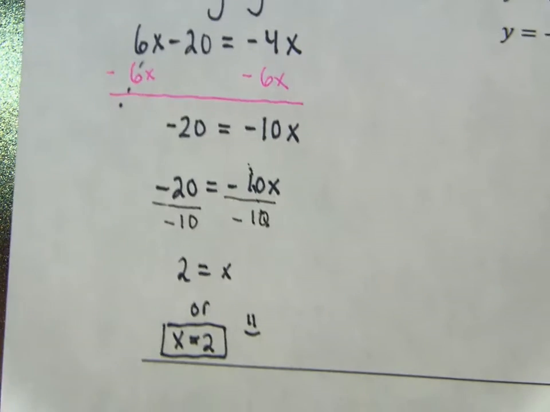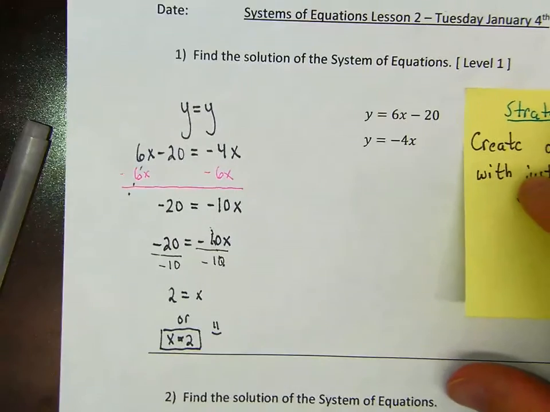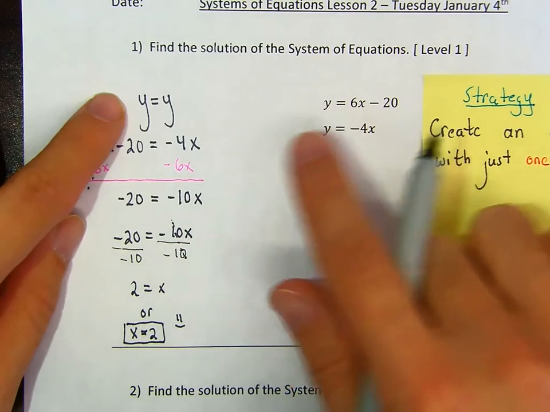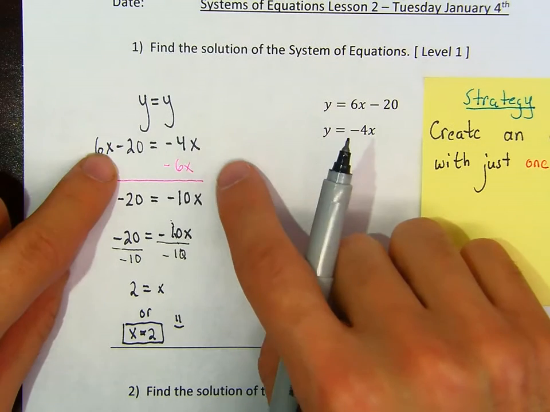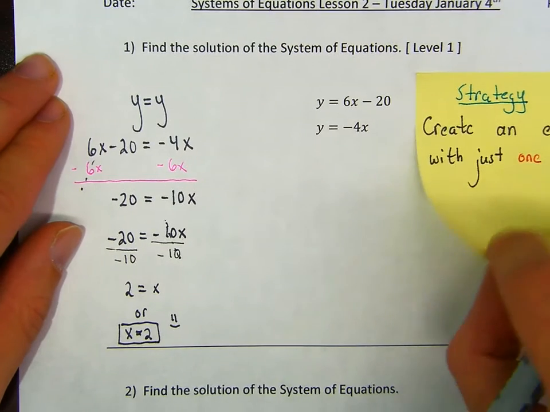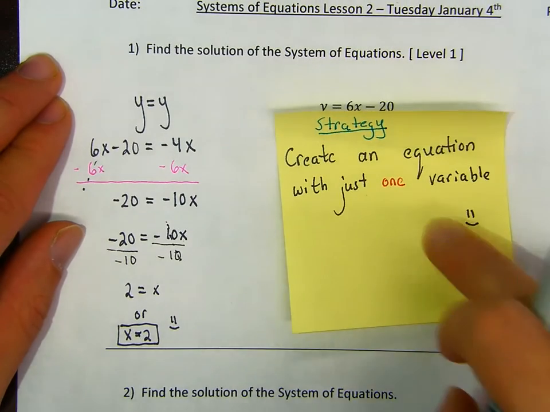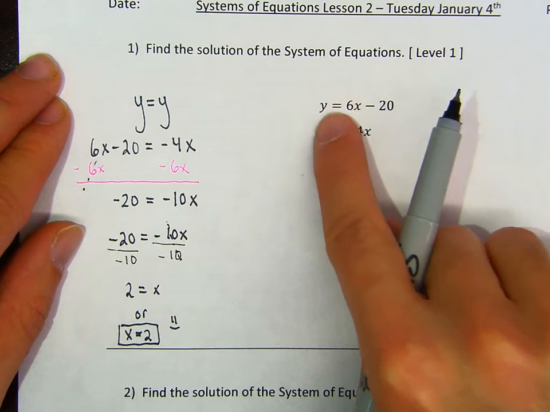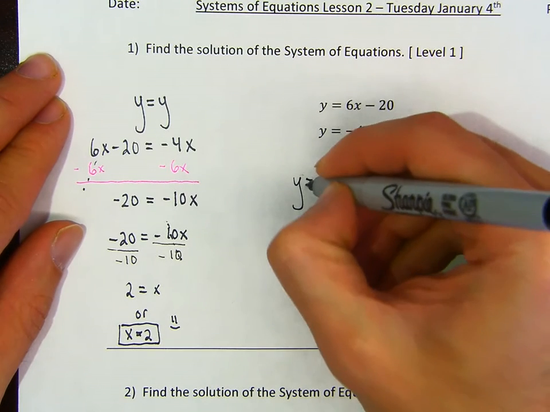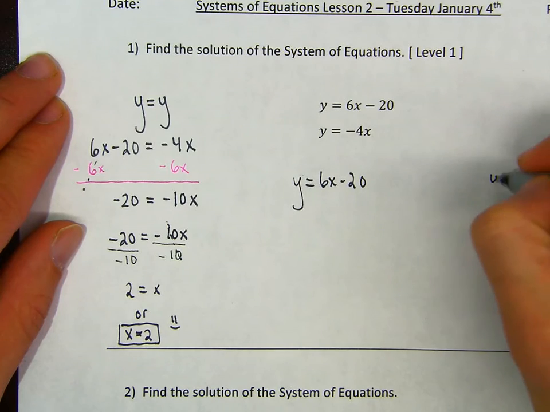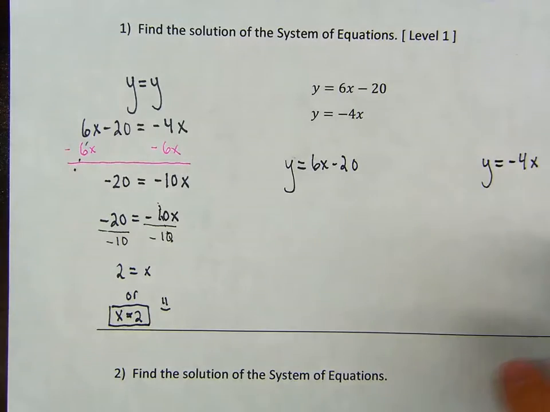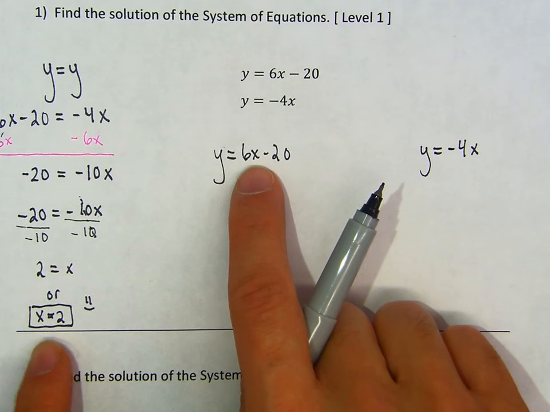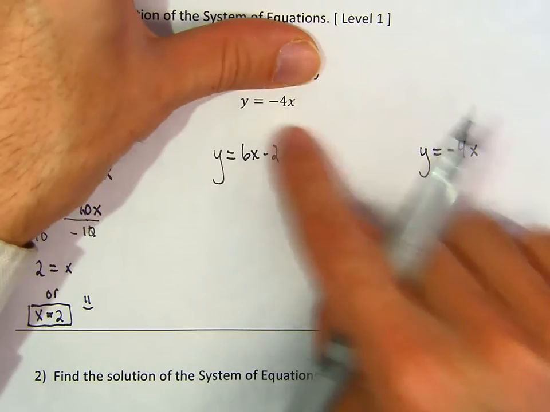Great. So let's rewind, what did we actually do? We made y equals y, and we just substituted the value for y. And we had that idea where we created an equation with just one variable. Now, if you know x is 2, how do you find what y is? If you know y is equal to 6x minus 20, and y is also equal to negative 4x, you could plug this x equals 2 into either the top equation or the bottom equation.